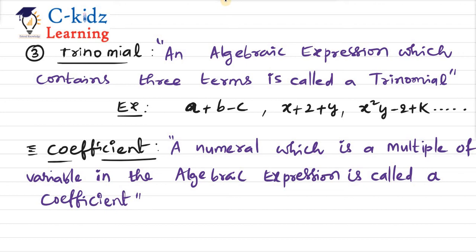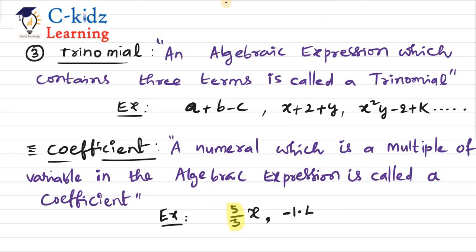So let me show you some examples. 5/3 x. Here what is the multiple of x is 5/3. So here 5/3 is called the coefficient.